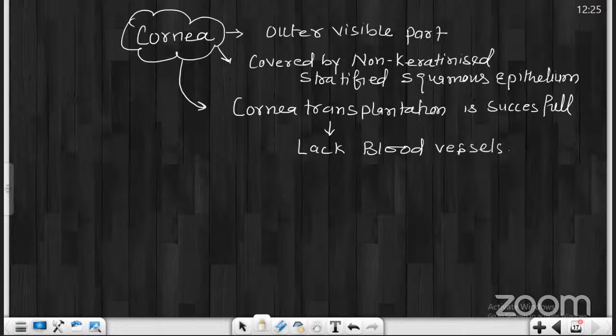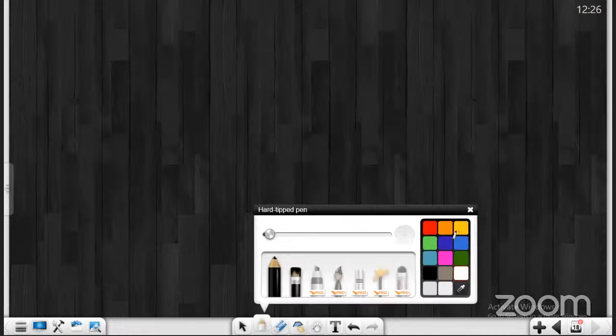Is it clear now? Now moving to the next part, that is your sclerotic part, यानी sclera, or we call it the sclerotic part or sclera.